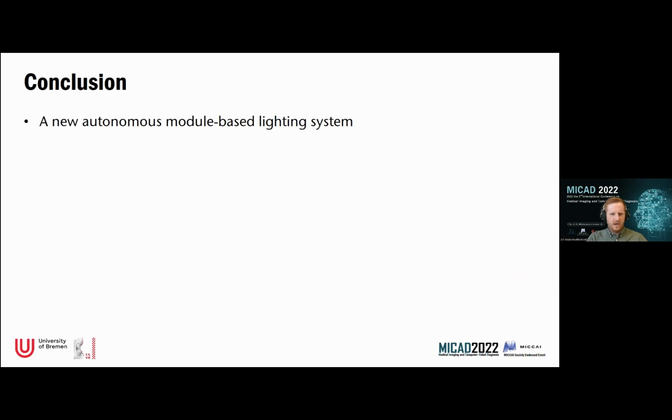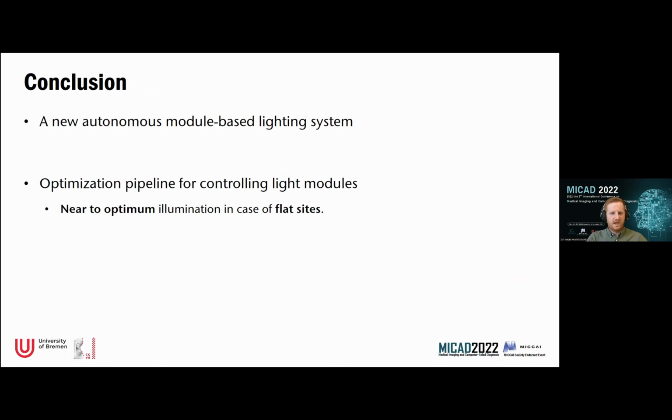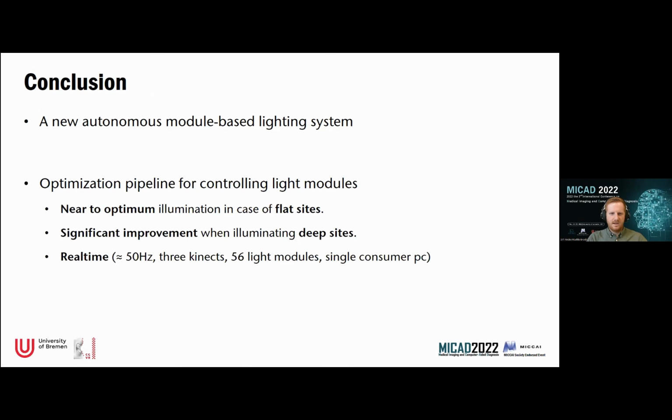So we presented a new autonomous module-based lighting system, which we planned in the Smart OT project with further partners. We presented our optimization pipeline, which achieves near to optimum illumination in case of flat sites and achieves significant improvement when illuminating deep sites and operates in real time.